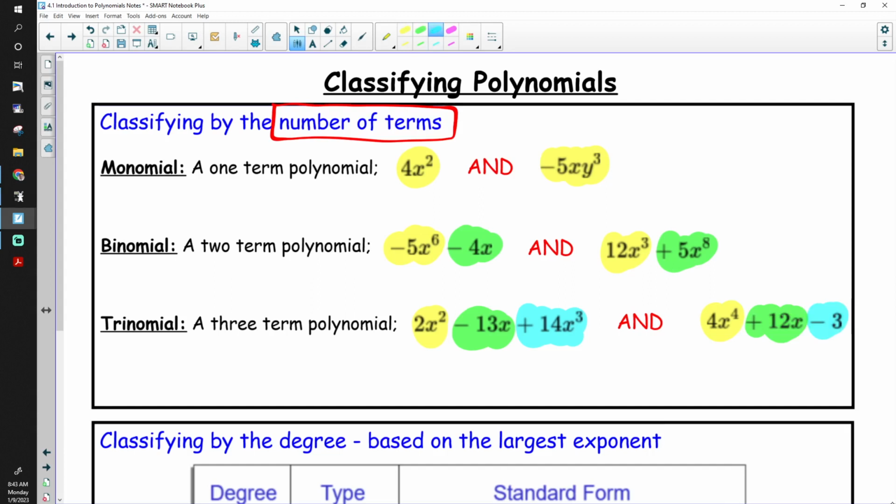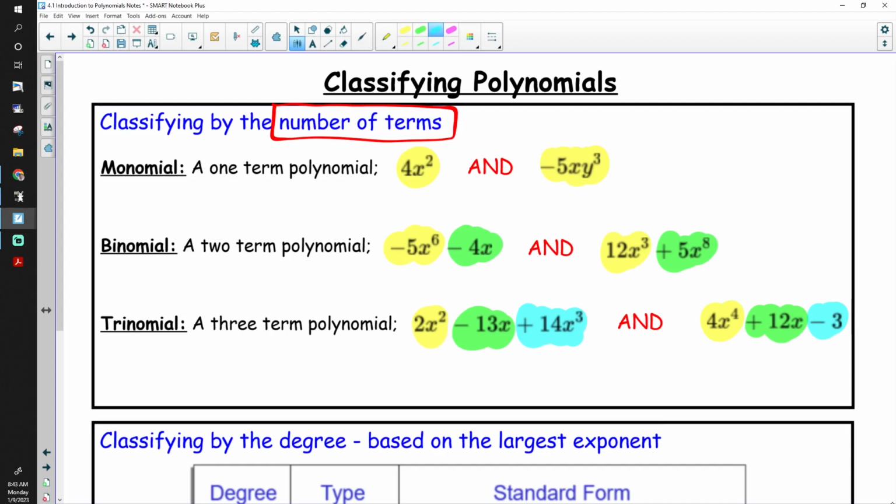Now, those are the only 3 special names. No, a 4-term polynomial is not called a quadnomial. And a 5-term is not a pentanomial. I thought it was Quinn? Is it Quinn? 5. It is Quinn, yeah. The only 3 that have special classifications are 1-term, 2-term, and 3-term.